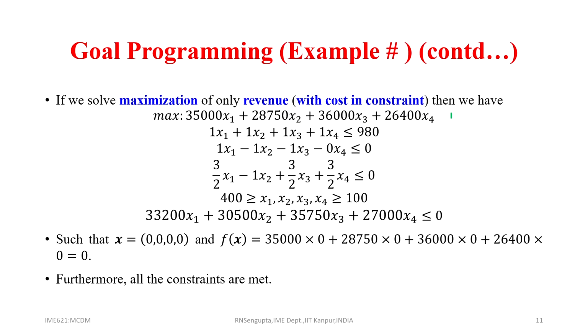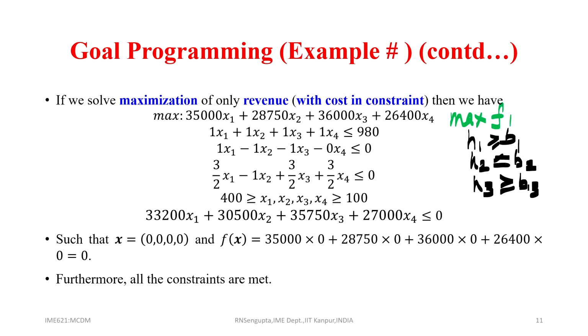Now, when we try to put the so called multi objective case which we have written, for the case when it is max of f1, constraints h1 greater than b1, h2 equal to b2, h3 is greater than b3, and there is a part of g1 is less than equal to b4.